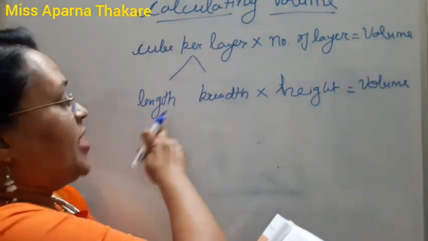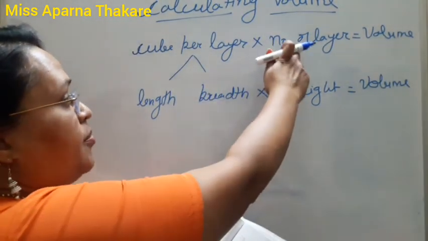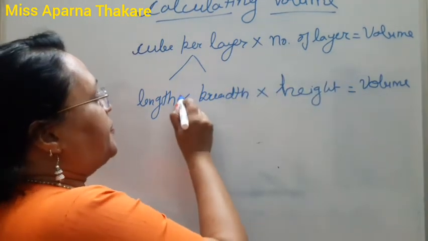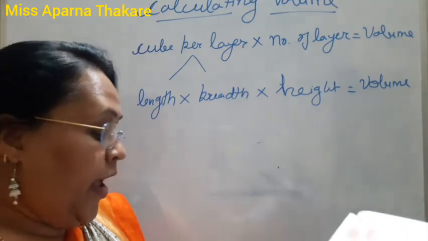Cubes per layer means length and breadth, and number of layers means height. So the volume equals length multiplied by breadth multiplied by height.